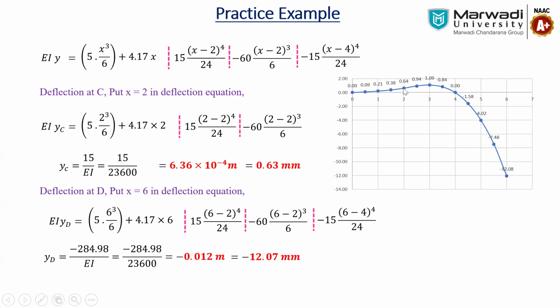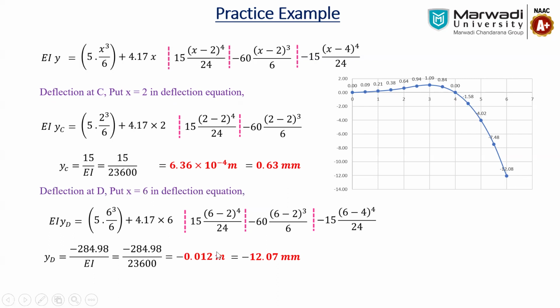You are getting the same answer because, as it is an overhang, it is going upward. Otherwise, if it were a simply supported beam, the beam would always go downward, right? So it is giving the 0.63 mm answer. When we go to the 4 to 6 meter portion, as it is an overhang and there is a huge point load of 25 kilonewtons acting at the 2 meter span, there is a huge deflection in the remaining portion.